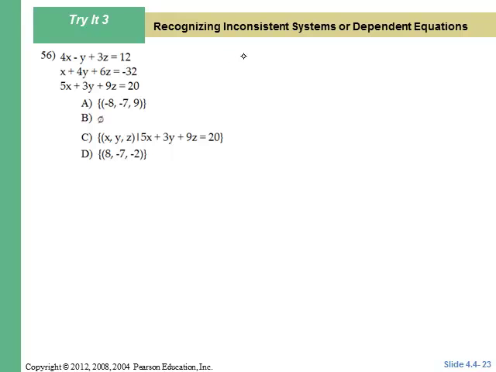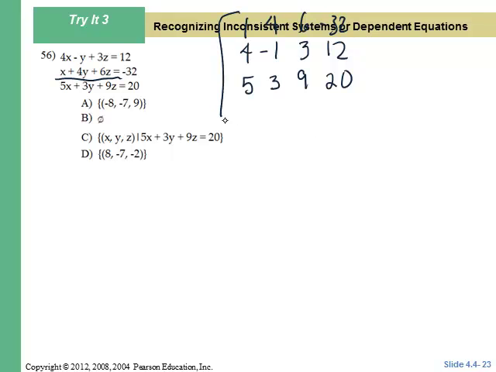On this one, we would have 4, negative 1, 3, 12. Let's make our first row this one, though: 1, 4, 6, negative 32. And our last row would be 5, 3, 9, 20. Multiply the first row by negative 4 and add it to the second row. 1, 4, 6, negative 32.